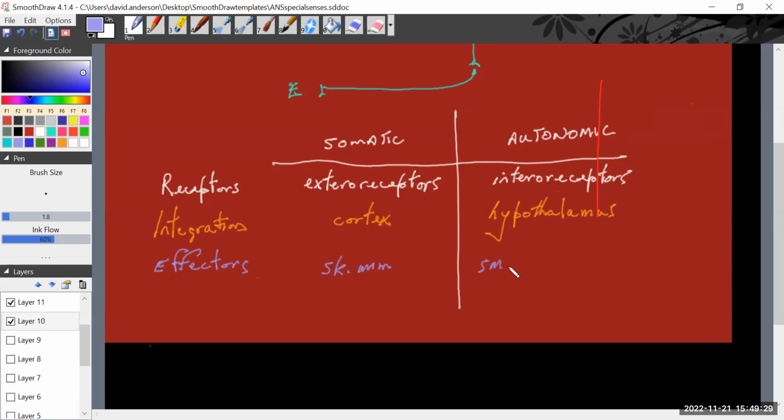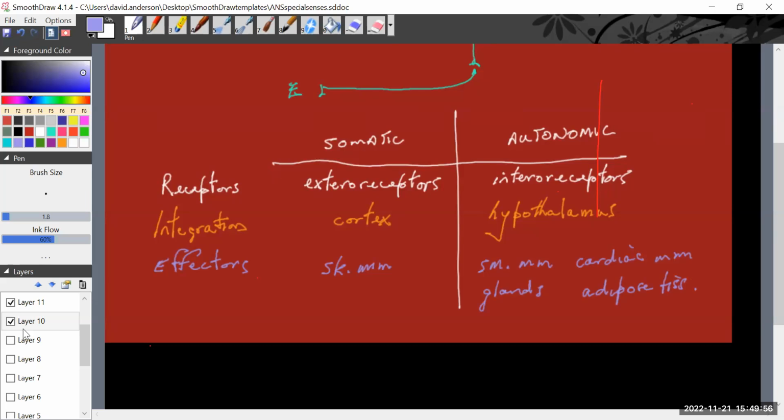So just for the sake of repetition: smooth muscle, cardiac muscle, glands, and adipose tissue. So we can see some obvious differences there as far as that goes.